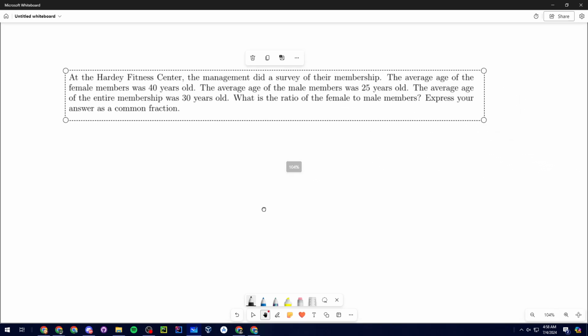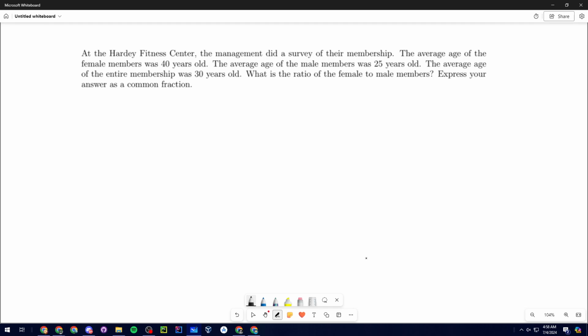First one. When you think of averages, always think of the formula for an average, because that lets you put in nice stuff, right? So the average age of the female members means the sum of the females over the number of females.